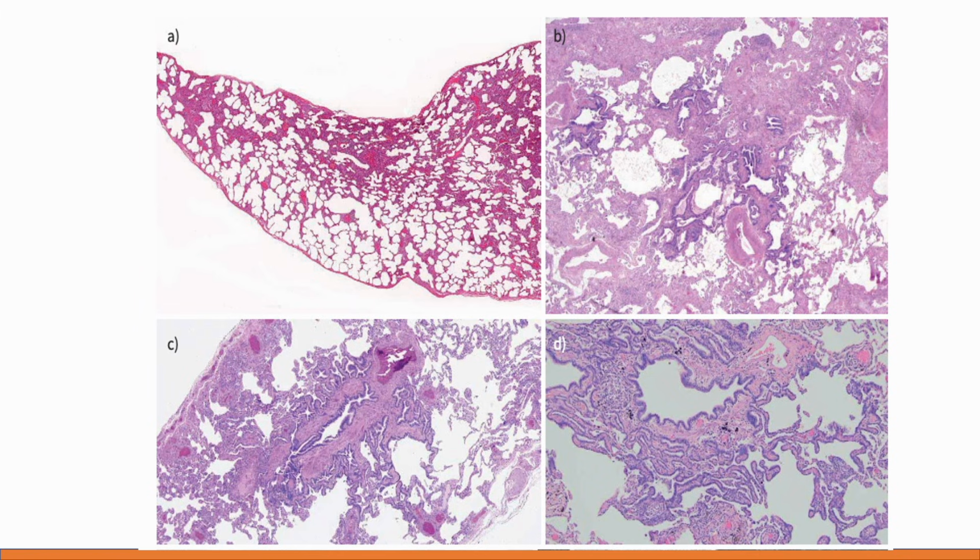When we look at the fibrotic category of BIP, then we will see bronchiolocentric fibrosis and all the architectural remodeling and airway narrowing and interstitial fibrosis of the adjacent alveolar walls.